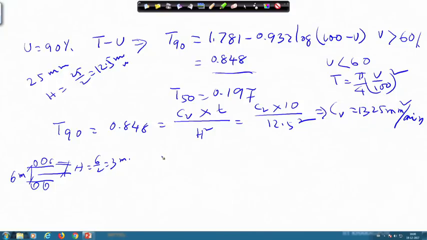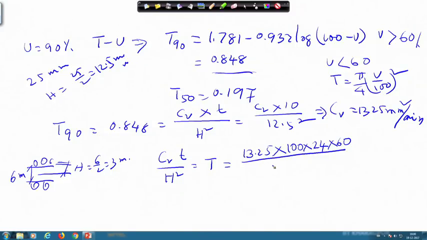So, I know T equal to C V t by H square. C V I already know, 13.25, and t I already know, 100 days. Since C V is in minutes, I will put 100 days into 24 hours into 60, so the units will be consistent in minutes, and this is t, divided by H square, that is 3 meter, so 3000 millimeter square.